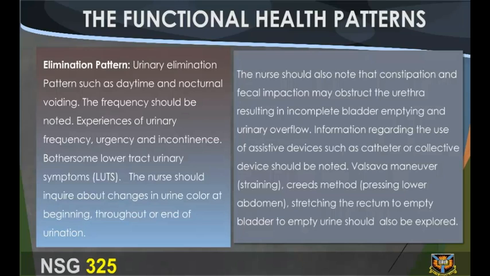The nurse should also note that constipation and fecal impaction may obstruct the urethra, resulting in incomplete bladder emptying and urinary overflow. Information regarding the use of assistive devices such as a catheter or collecting device should be noted.